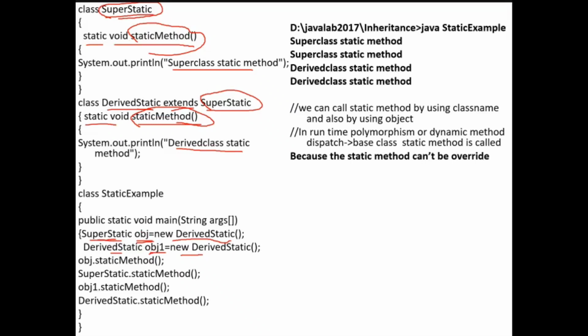So by using obj.staticMethod, which method is invoked? Base class static method or derived class static method? Which one is invoked? The base class static method.